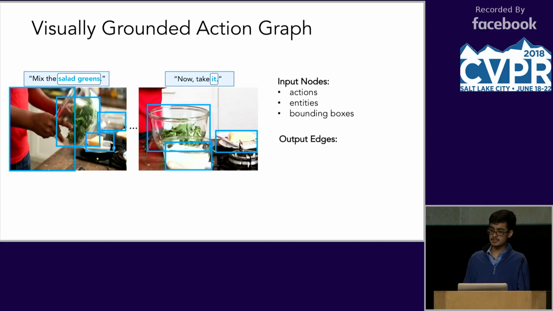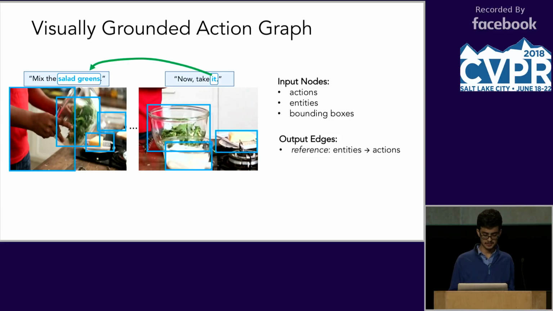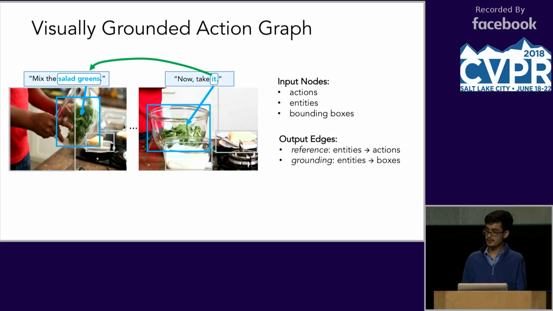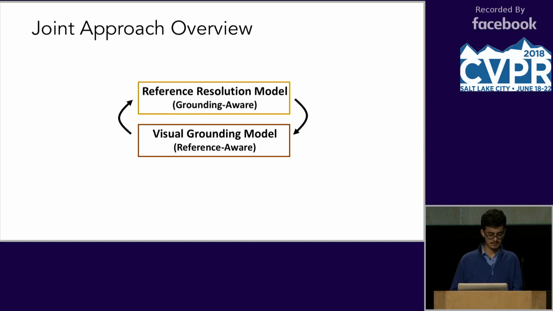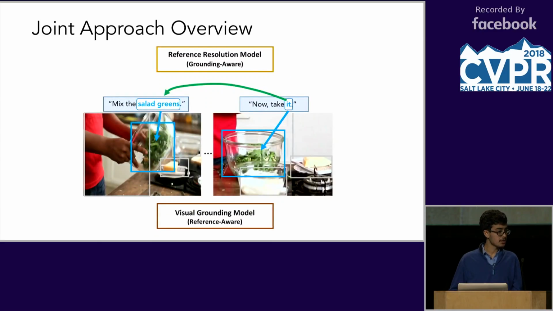And our goal is to infer the edges, the reference edges, which map entities to actions, and the grounding edges, which map entities to boxes. We propose a joint framework that has both reference resolution and visual grounding components, and we tightly couple them. Together, they work synchronously to resolve both the references as well as the grounding edges in the overall graph.